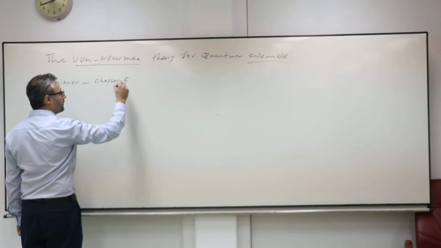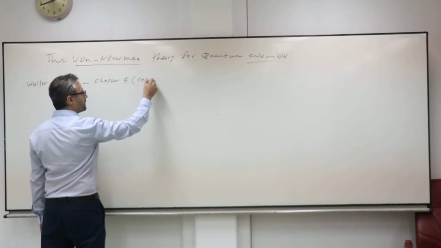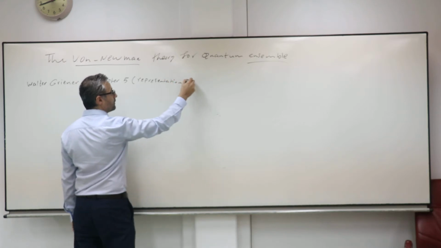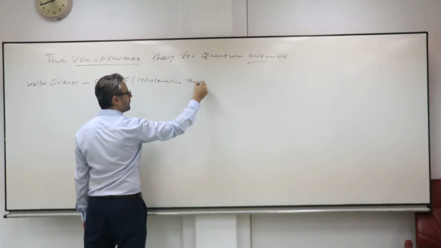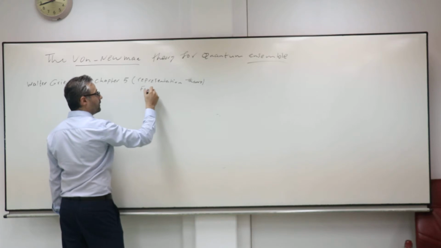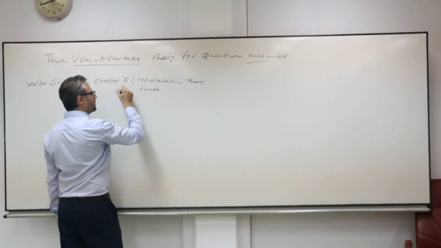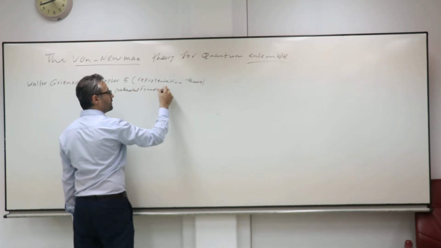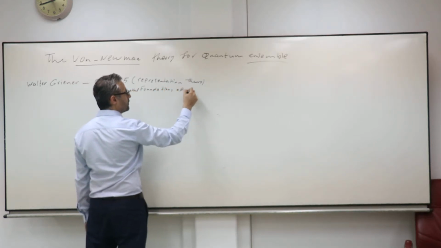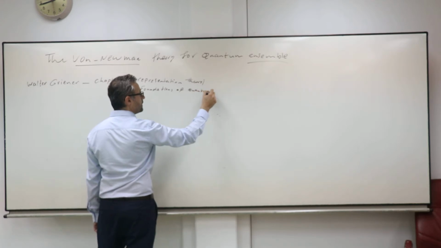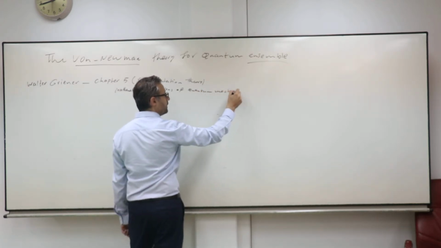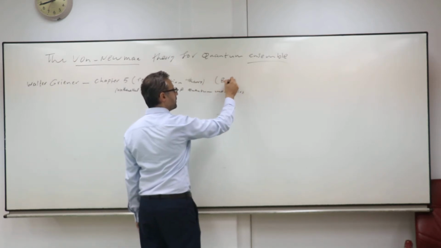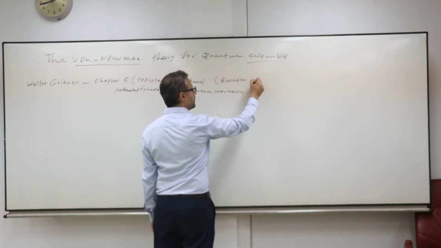Chapter 5 is representation theory. The name of the chapter is Mathematical Foundations of Quantum Mechanics. This is a very modern textbook for bachelor level quantum mechanics.